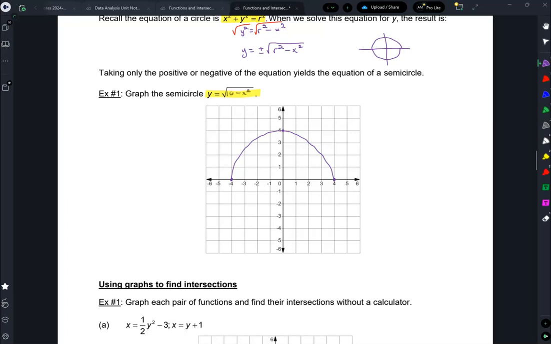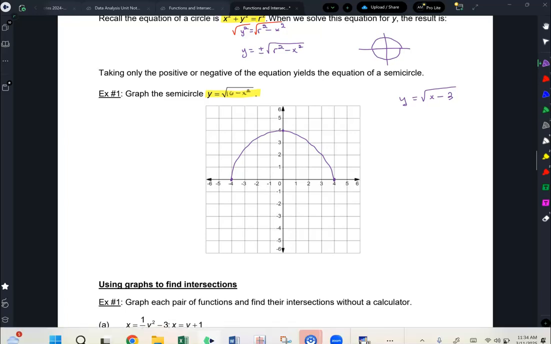When you're told something once, it's expected that you will know it for the rest of your life. So the square root of a constant minus x squared: how is that any different from our other square root functions? Until now it was like x minus 3, let's say, not x squared. Please be careful about this.